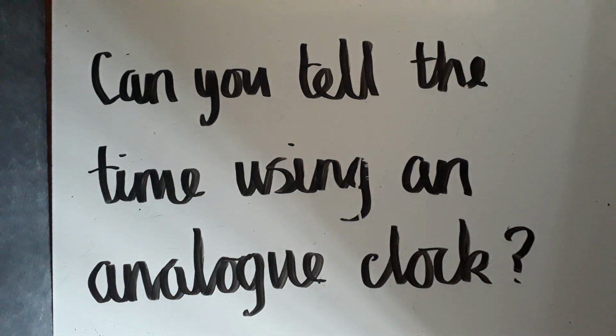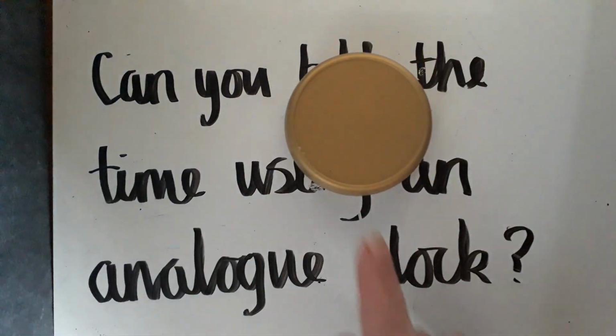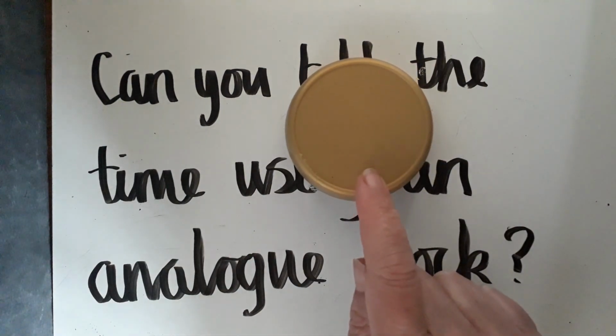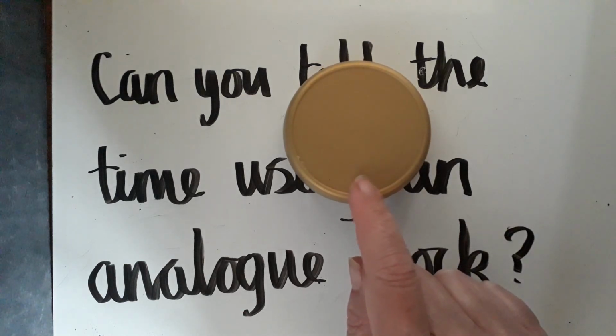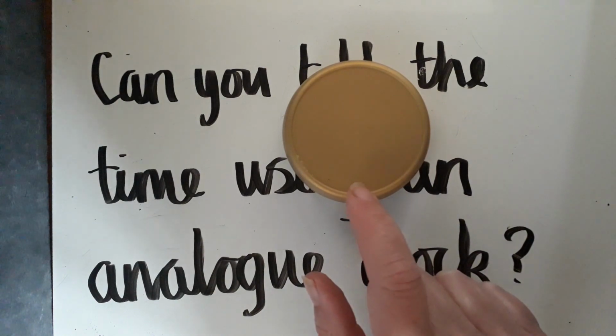All right, so we're going to do a rapid lesson revising telling the time using an analog clock, and you're going to need something that's circular to draw around. So any kind of lid of a jar or maybe a tin will be suitable.